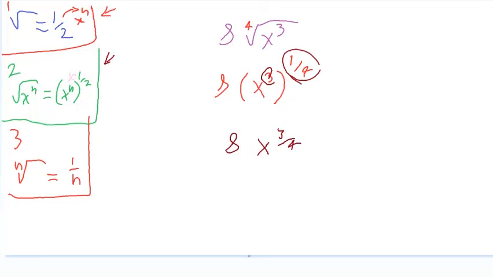Now we'll be asking, well, what do we do with the 8? It's simple as that. We will multiply the exponent with the constant here. So this and this we multiply.